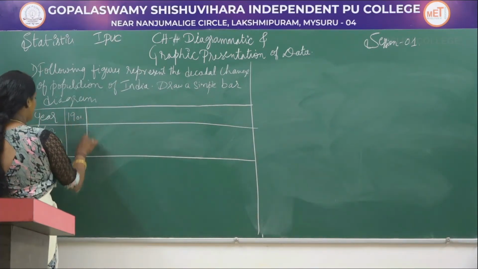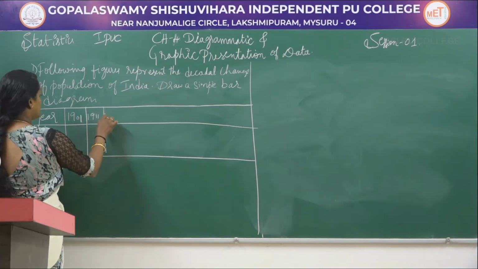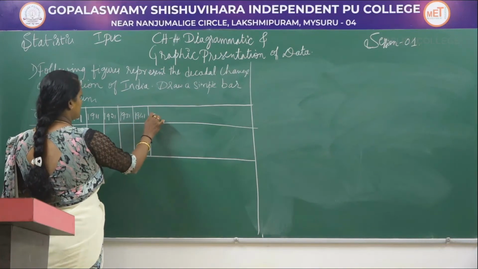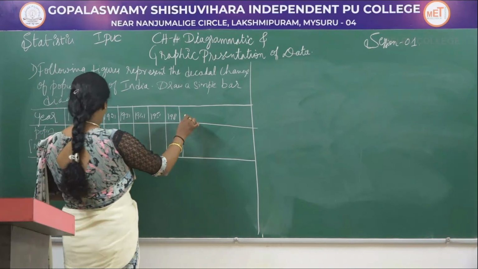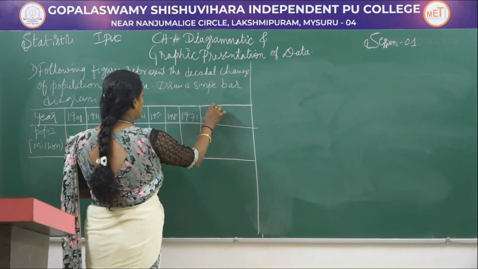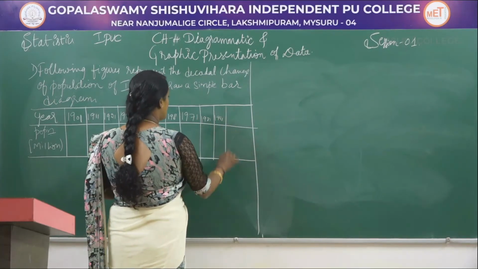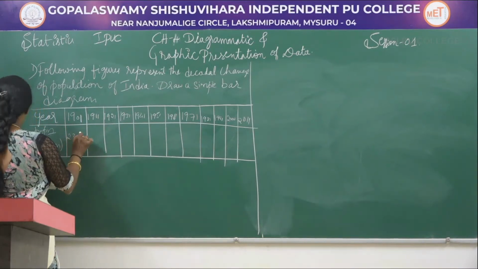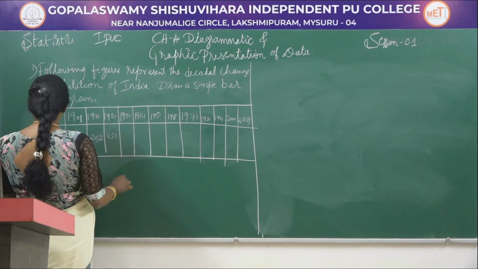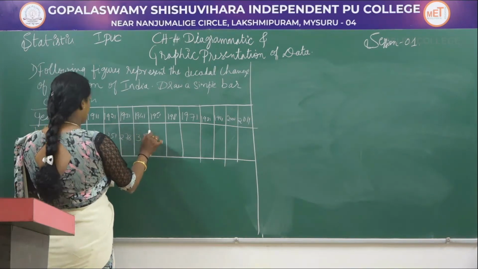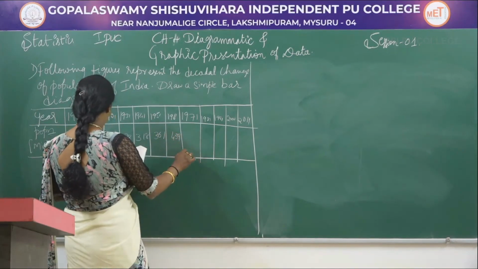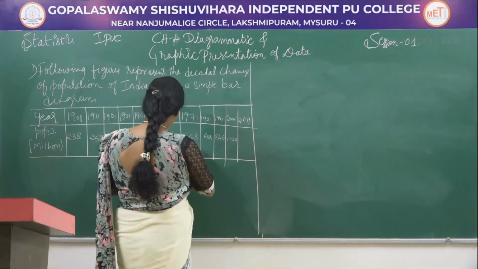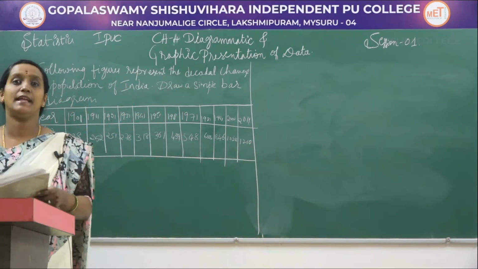The years are 1901, 1911, 1921, 1931, 1941, 1951, 1961, 1971, 1981, 1991, 2001, 2011, and the values are 238, 252, 251, 278, 318, 361, 439, 548, 688, 846, 1028, 1210. So this is the data they have given.